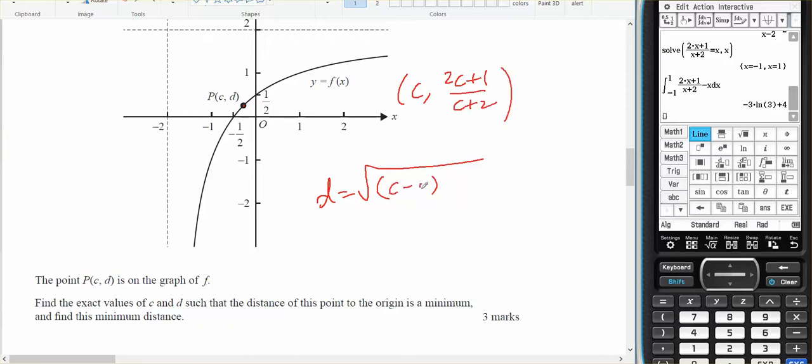So C minus 0 squared plus (2C + 1)/(C + 2) minus 0 squared, and that will be the distance.